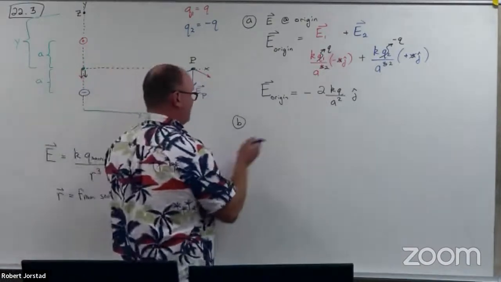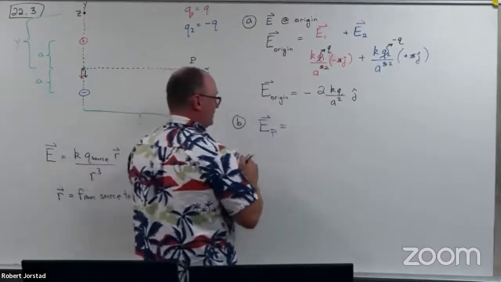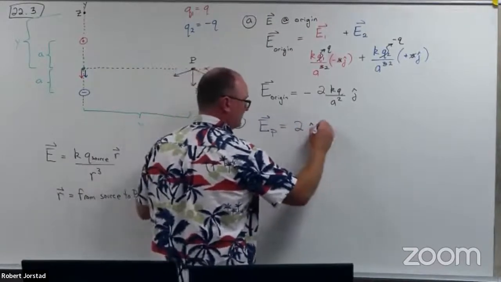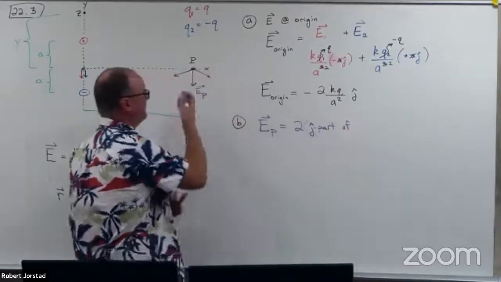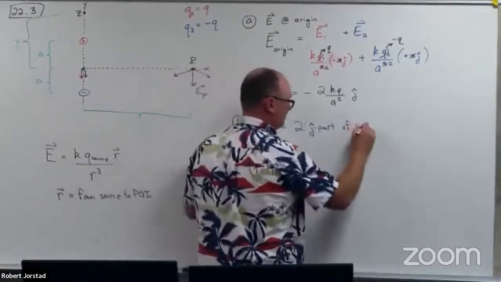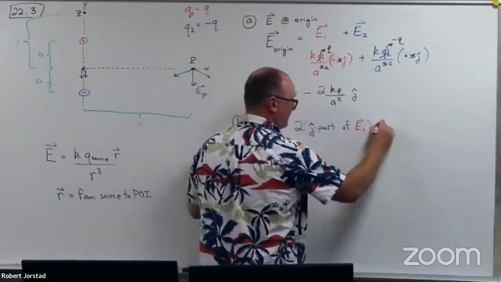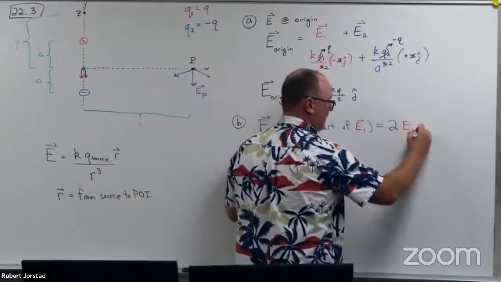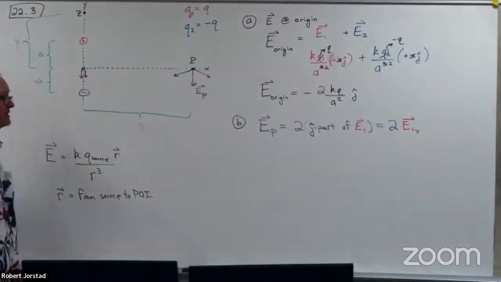In particular, E at P is equal to 2 times the j hat part of either one of these, but let's maybe use the red one, E1. If you don't want to write all that, we can just say this is 2 times E1 y vector. You've got to remember to include the j hat when you write it. That's what that vector means.